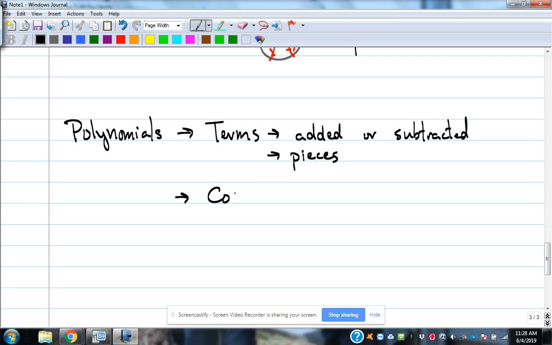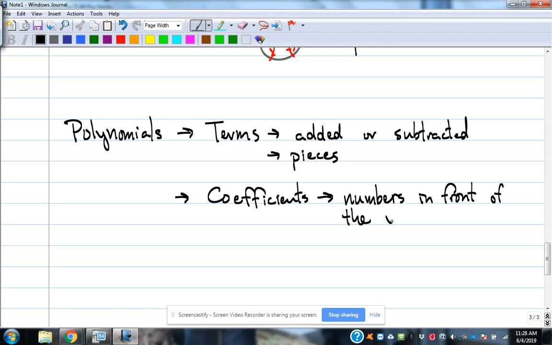The coefficients. That's the numbers in front of the variables. The degree of a term.